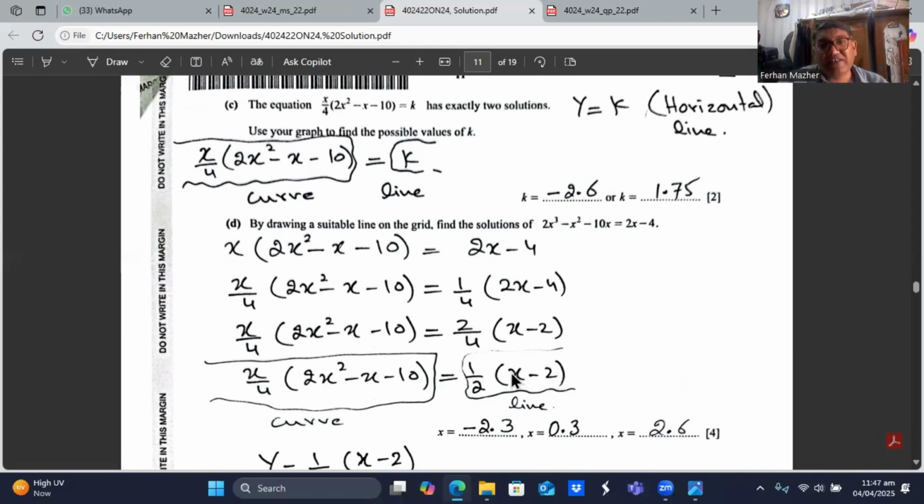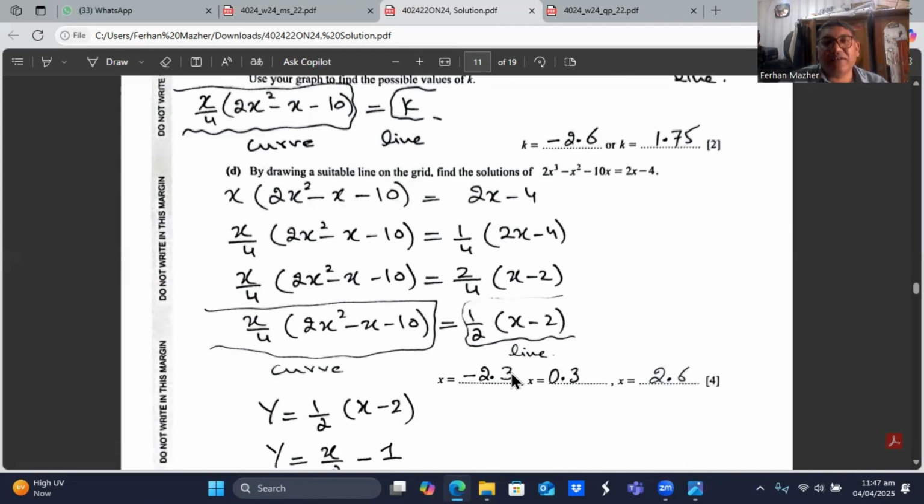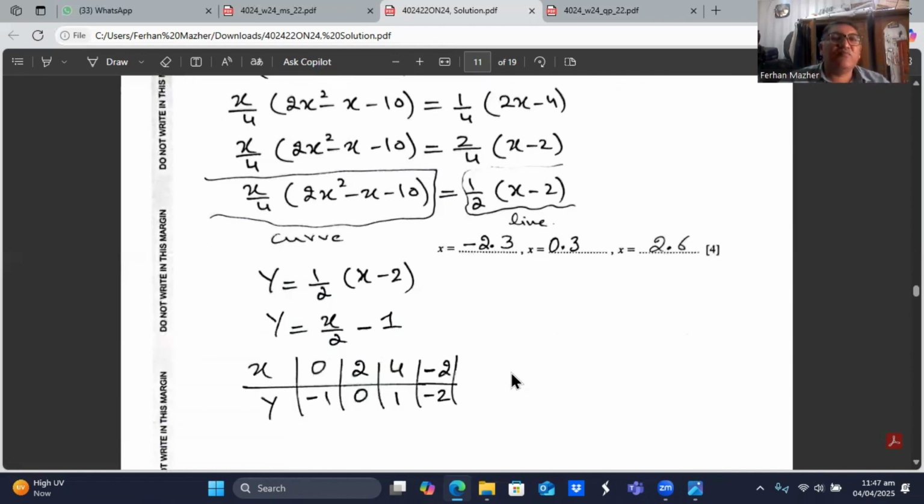So I will make this equal to y, and then I will make a little table for this. I will substitute some values of x in it: 0, 2, 4, minus 2. I got minus 1, 0, 1, and minus 2. Then I will plot these points on my grid: 0, comma, minus 1; 2, comma, 0; 4, comma, 1; and minus 2, comma, minus 2.